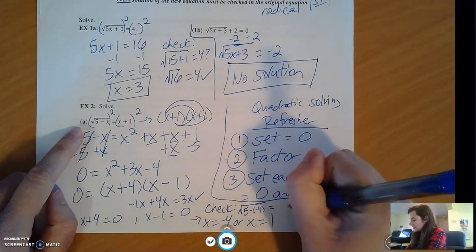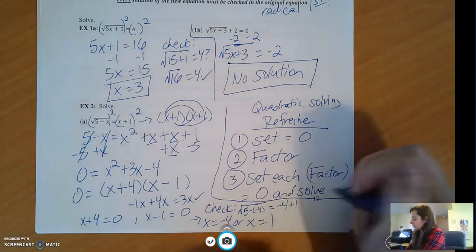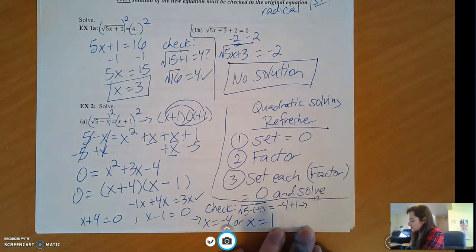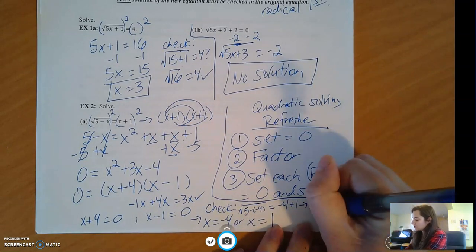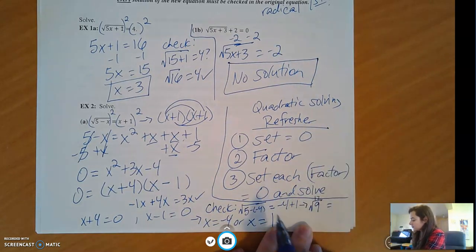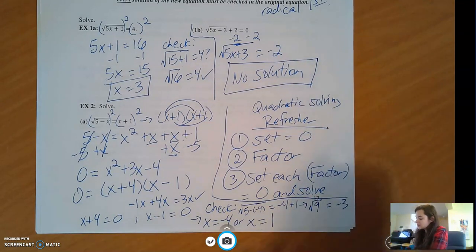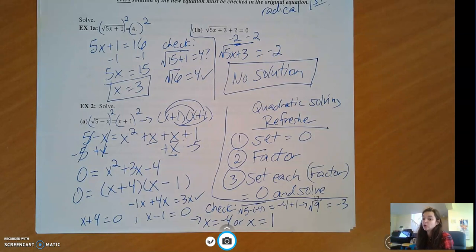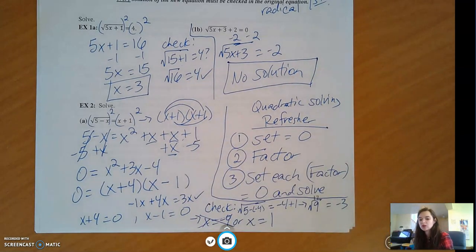On the right side, I have x plus 1, so that would be negative 4 plus 1. So 5 minus negative 4, that's really 5 plus 4. I would have the square root of 9 on that side. And on the right side, I would have negative 4 plus 1, which is negative 3. So does the square root of 9 equal negative 3? Nope. It equals positive 3, not negative 3. So x equals negative 4 doesn't work.